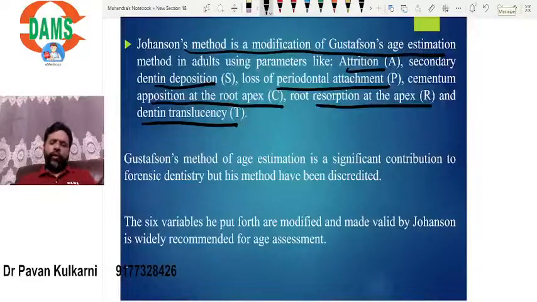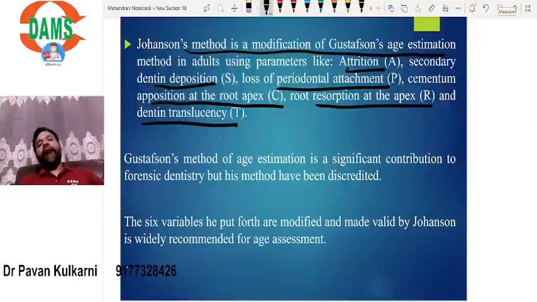Now, look at this. What are these 6 criteria? All are age related. Attrition. With age, the tooth will get attrited. Secondary dentine deposition. We know that dentine is of 3 types: primary dentine, secondary dentine, tertiary dentine. Dentine that is formed before root completion is known as primary dentine.